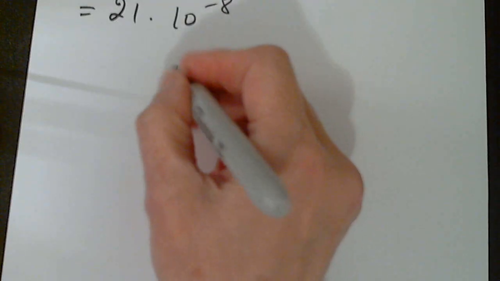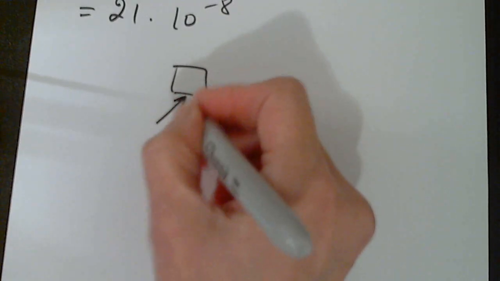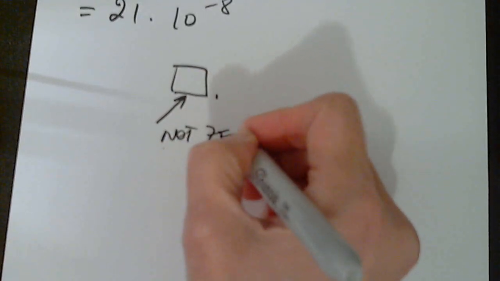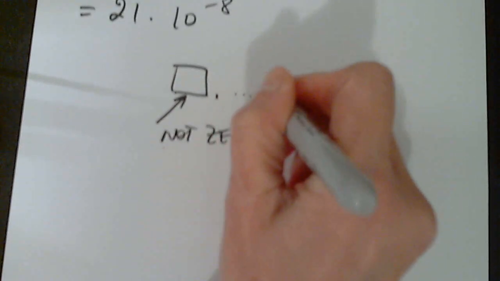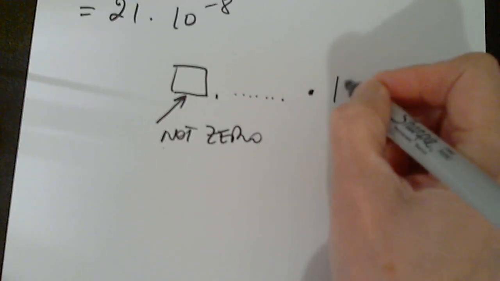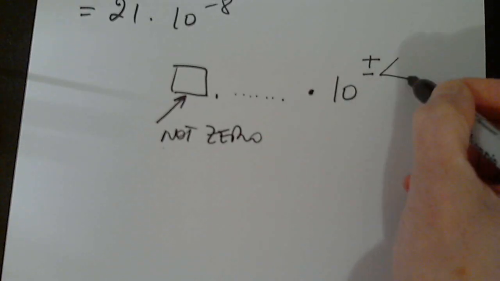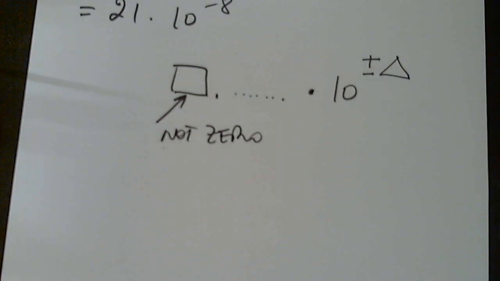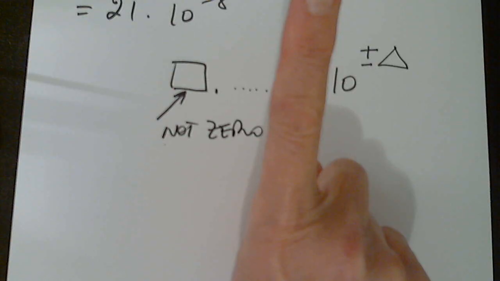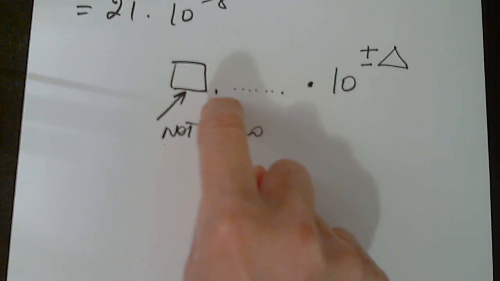Scientific notation requires one number, not 0, one digit, whatever, times a power of 10, which can be positive or negative, whatever power of 10. So scientific notation requires one digit, not 2, one digit, the decimal point.